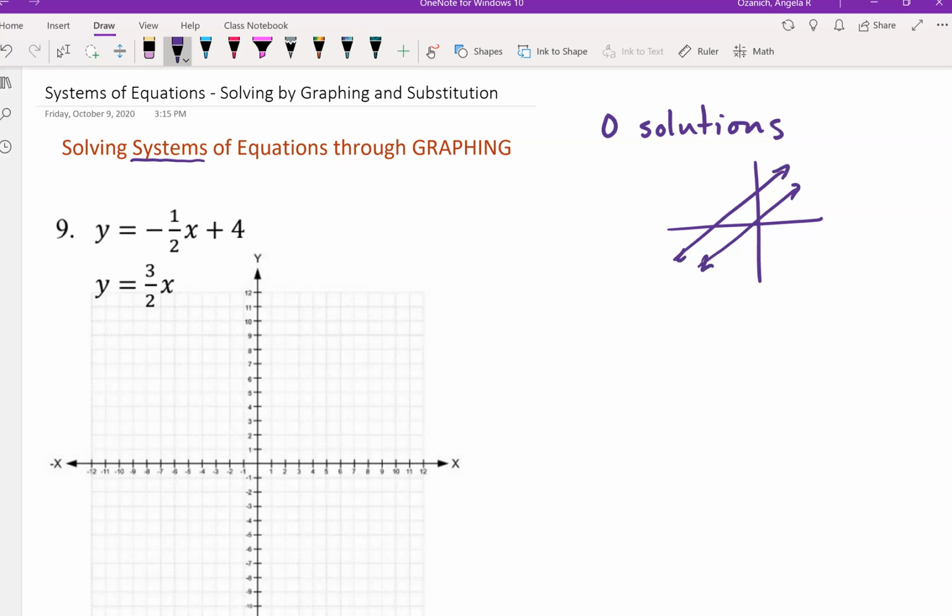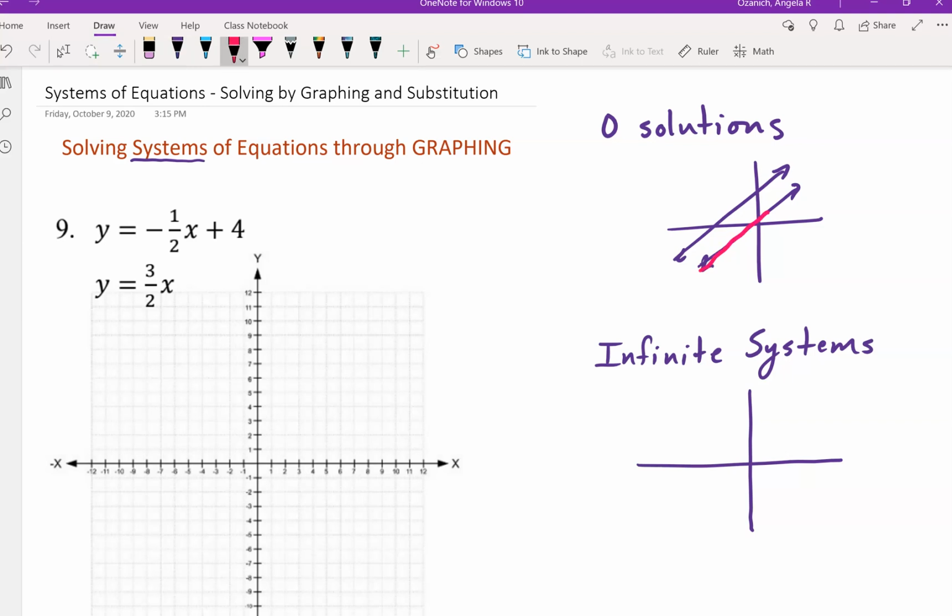And we're also going to be looking for a situation where you might have an infinite number of solutions, so an infinite system. And that occurs if you have two equations that actually always touch, okay? So zero solutions is when lines are parallel, right? One line is running exactly parallel to your second line, like railroad tracks, and that would be zero solutions.